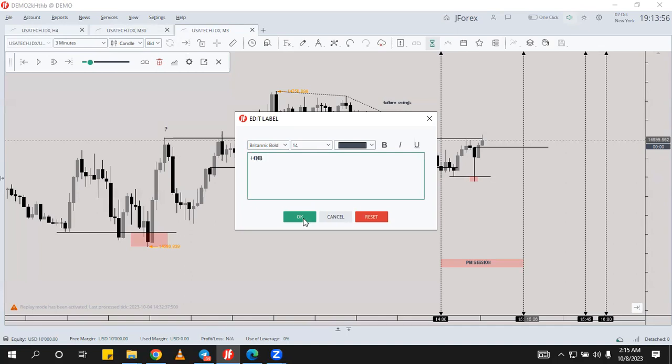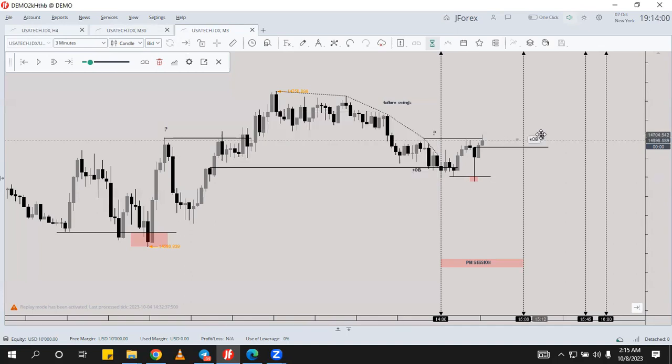Now, the reason why it's a high probability order block is because this down close candle took out liquidity, right? It purged liquidity. That is why it's a very high probability order block. That down close candle. So what I'm going to do is place my limit orders.